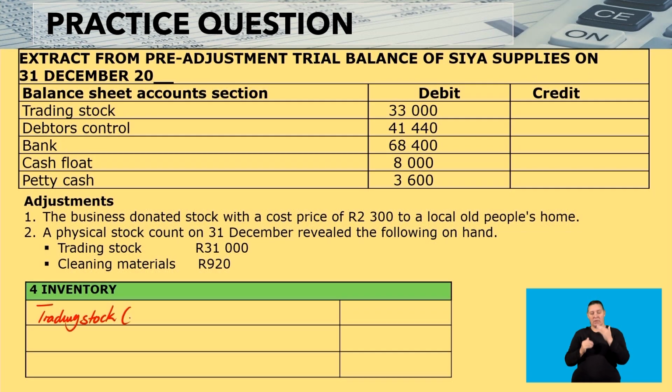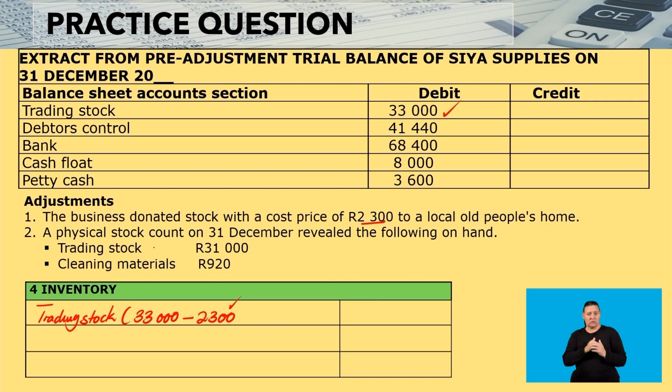Then I open bracket and I bring the amount from the trial balance, which is 33,000. Then we are told that we donated stock of 2,300, so I say minus 2,300. Once stock is donated, we subtract it in the business books as we have done here.